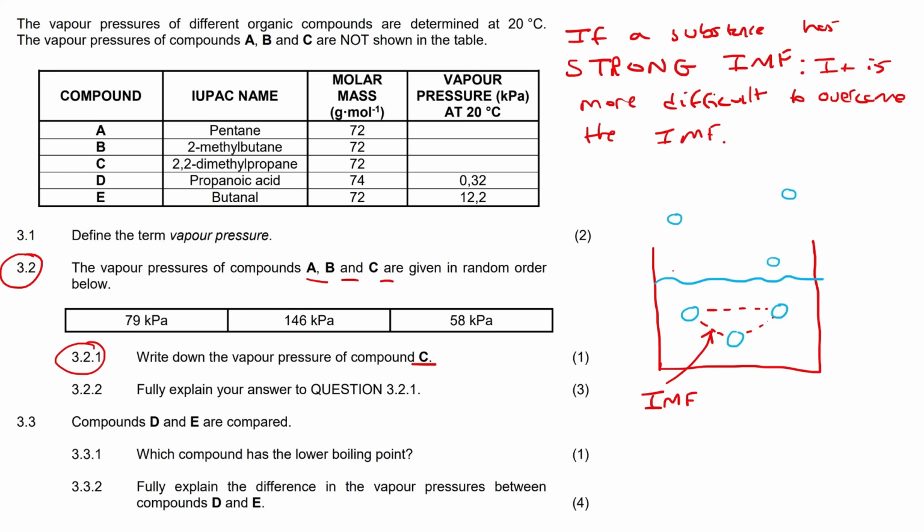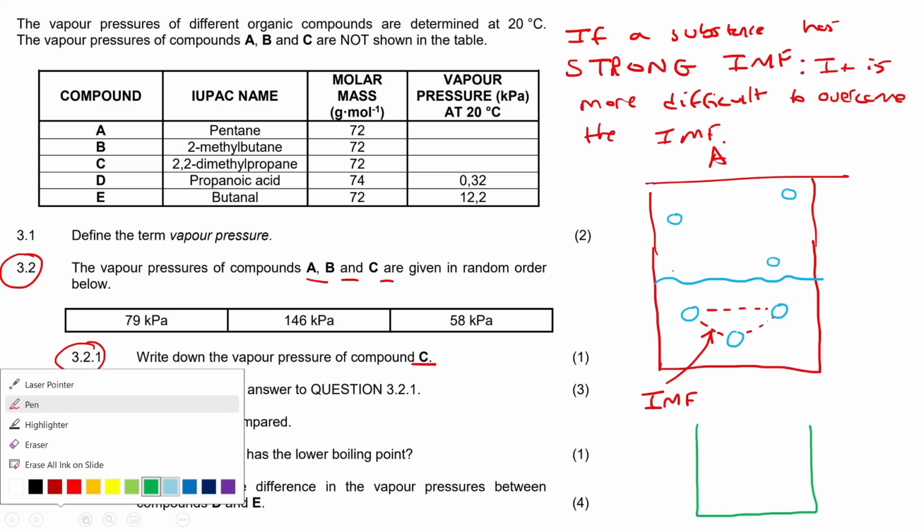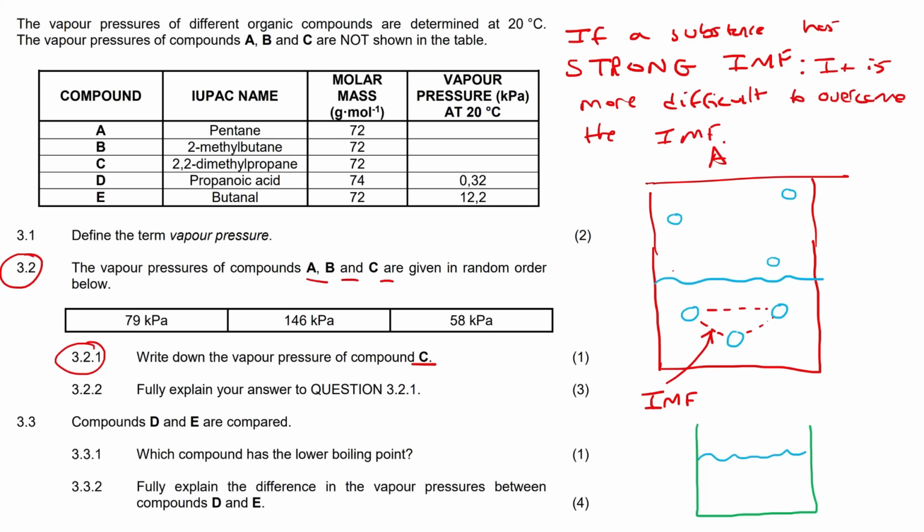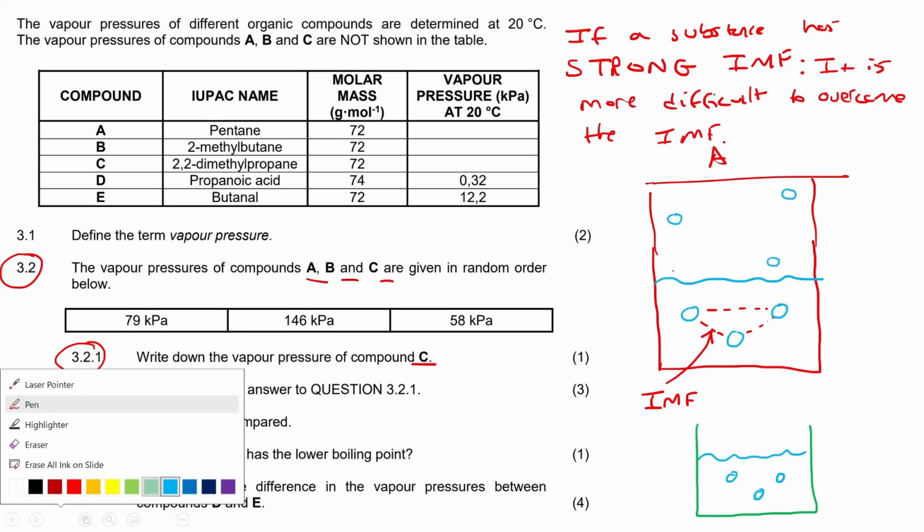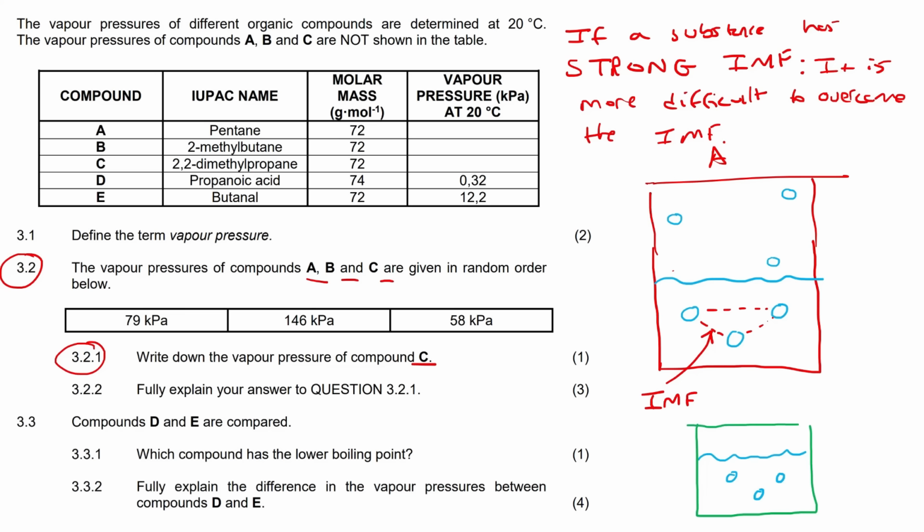So let's say we've got substance A, so this is all for substance A, and then we've got another scenario where we've got substance B. Let's draw in the liquid phase, and then put our little lid on like that.